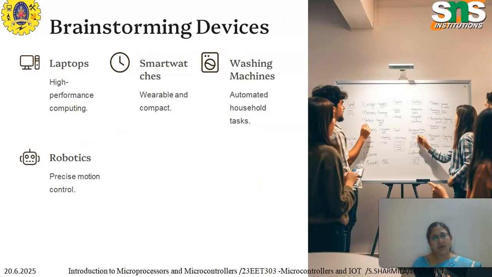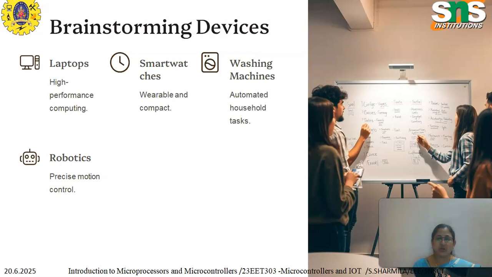And now we are going to brainstorm the devices in day-to-day life. We know laptops, smartwatches, washing machines and robotics. The laptop performs common general operations, and it is a high performance computing device.